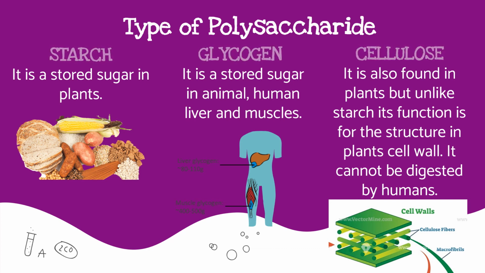It is because of this cellulose. It cannot be digested by humans. That is also why parts of plants such as the sturdy stem cannot be eaten by humans and animals. They have more cellulose than those present in leaves and fruits.